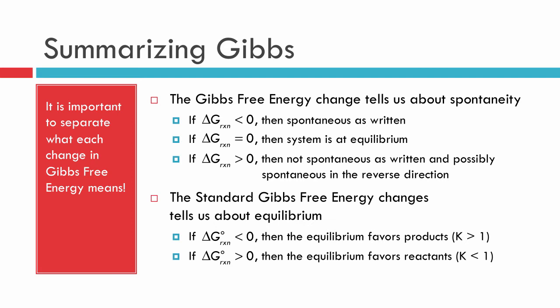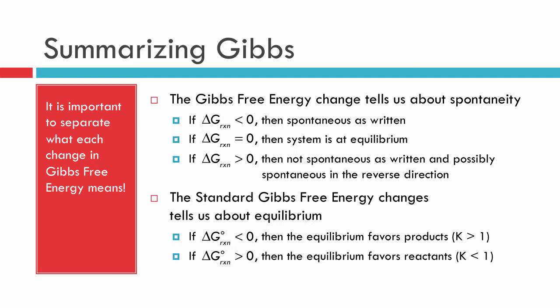However, the standard Gibbs free energy does not tell us about whether it's necessarily spontaneous. Its main piece of information is it tells us what we're like when we're at equilibrium. So if it's less than 0, then the equilibrium favors the products because that means our K is greater than 1.